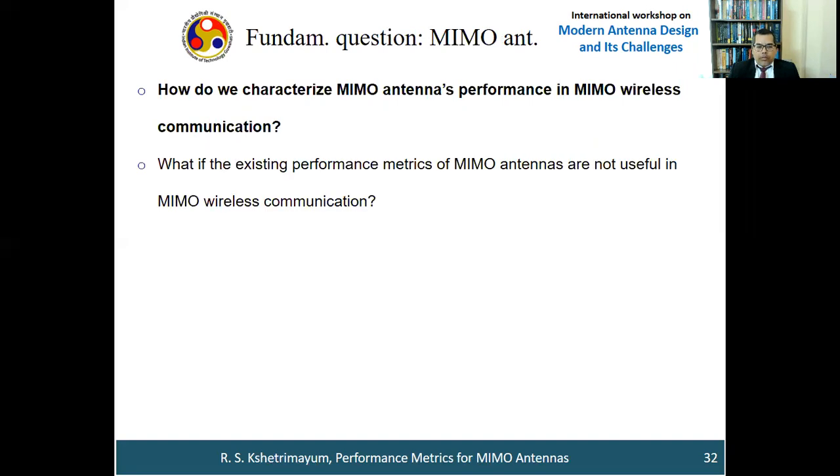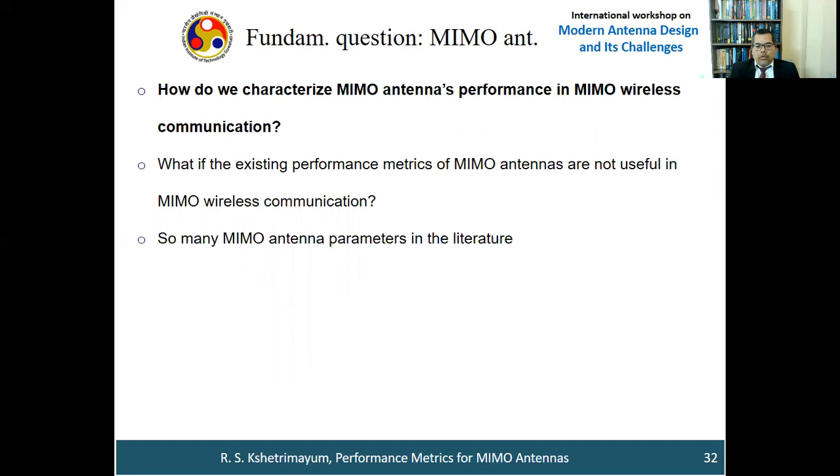Most of the existing performance metrics of MIMO antennas are not very useful for MIMO wireless communication. From the MIMO wireless communication perspective, we should actually look at MIMO wireless communication in terms of two gains. One is called diversity gain, another is called rate gain or multiplexing gain.